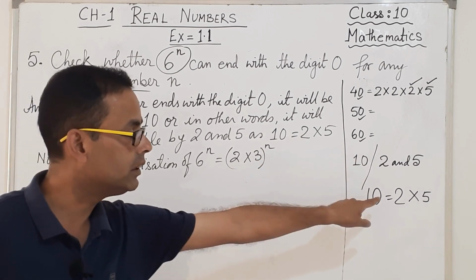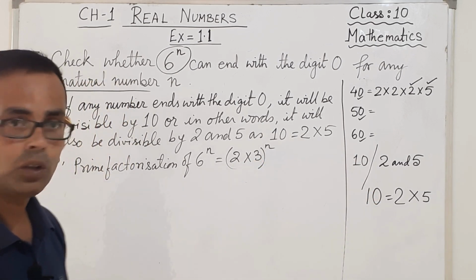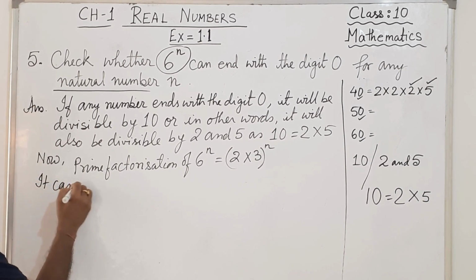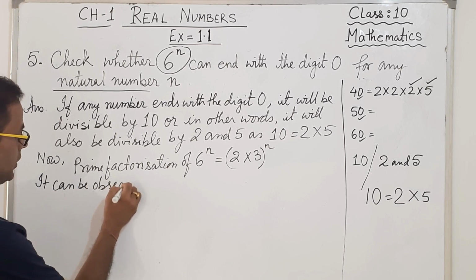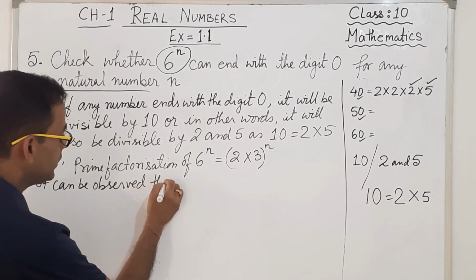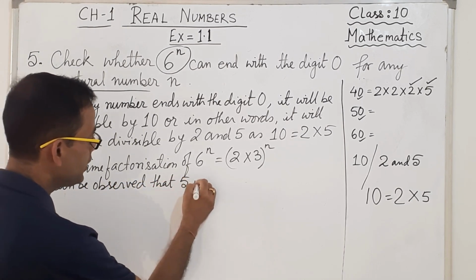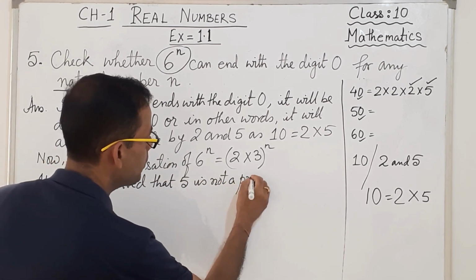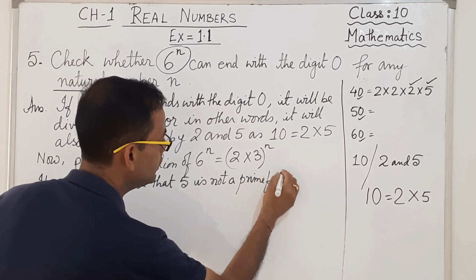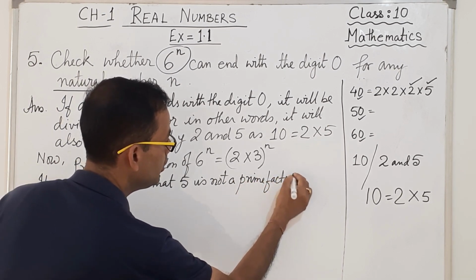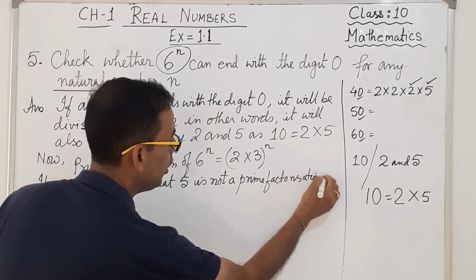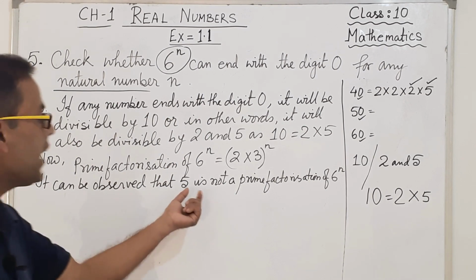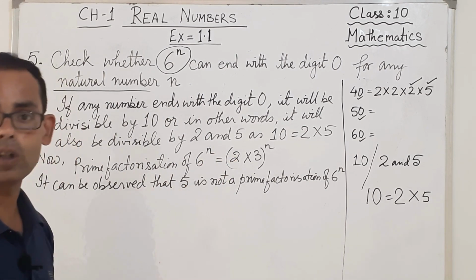So 2 is matching, but 5 is not there. So what I can write? It can be observed that 5 is not in the prime factorization of 6 to the power n. So 5 is not coming.